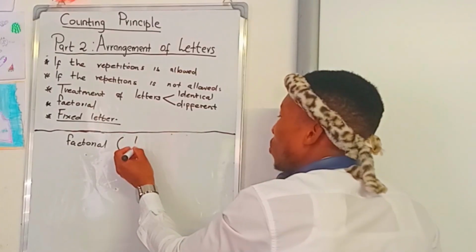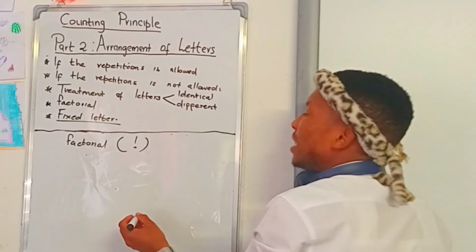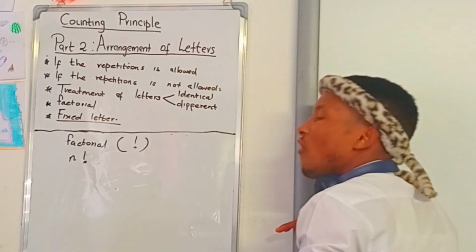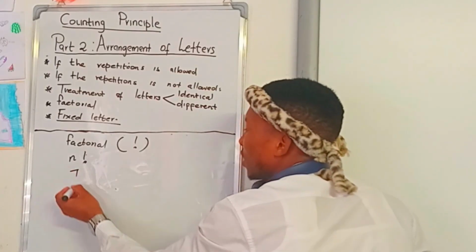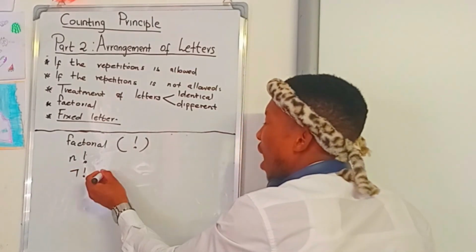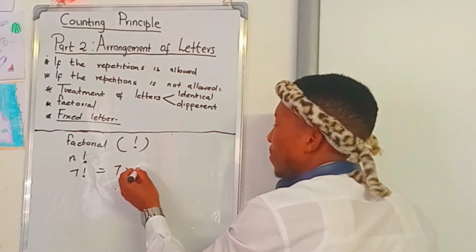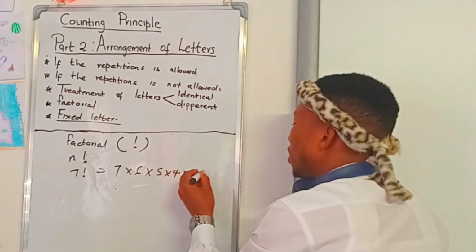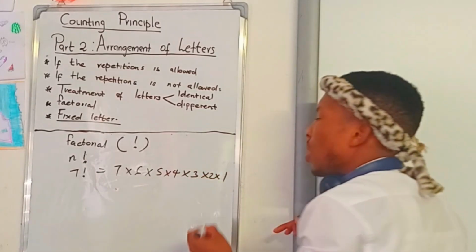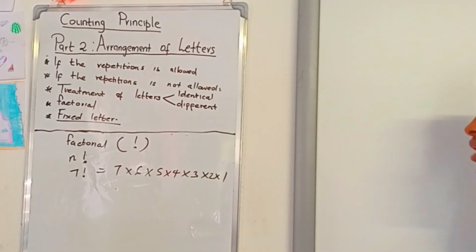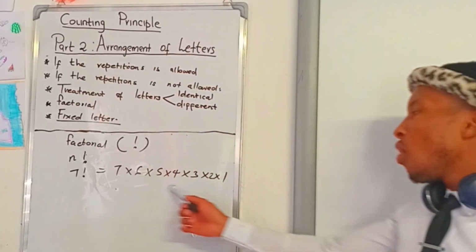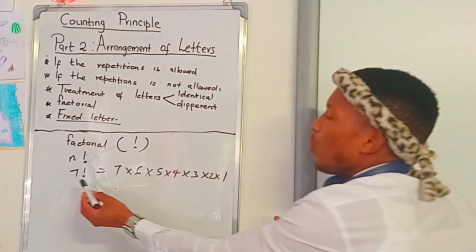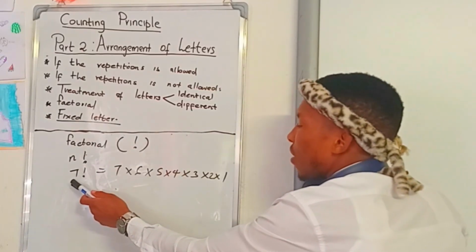For example, 7 factorial is the same as 7 times 6 times 5 times 4 times 3 times 2 times 1. Therefore, this is a descending product of natural numbers. We call it a factorial.